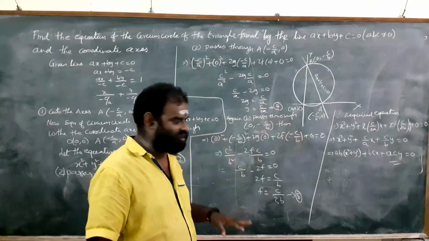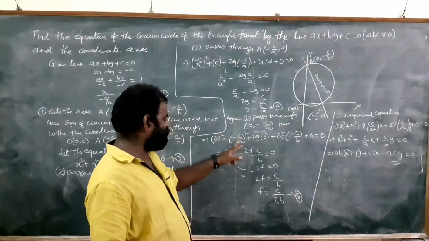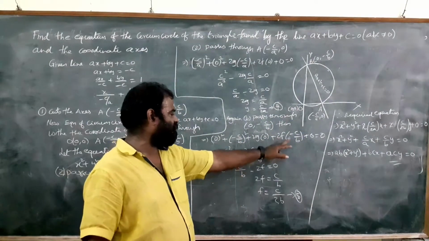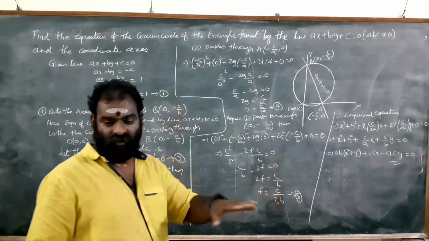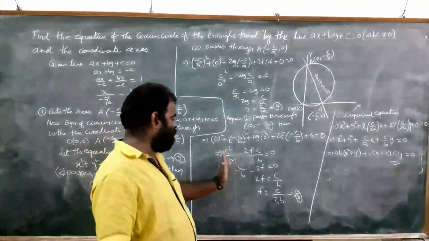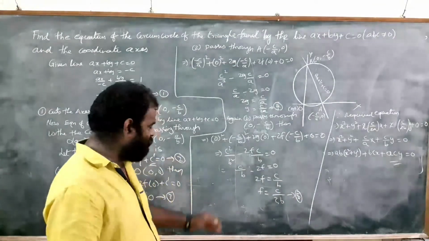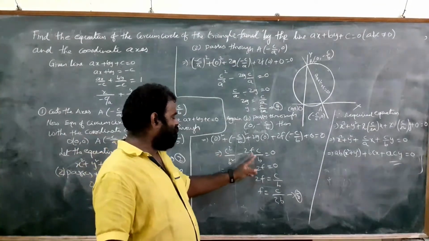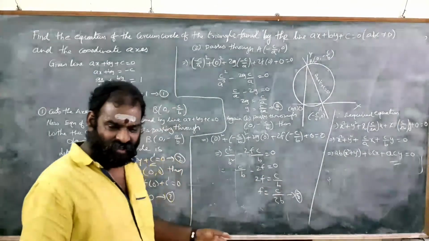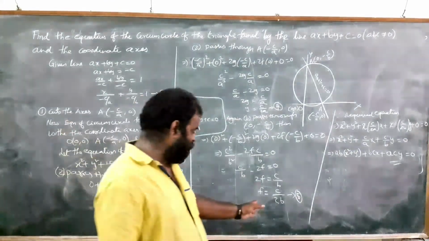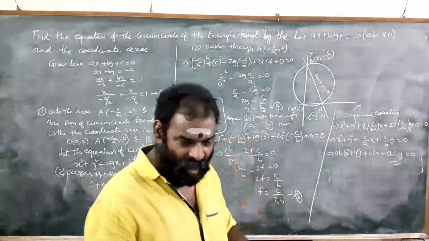What will remain? c²/b² - 2f(c/b) = 0. In the same way, c/b will be cancelled throughout the equation. Then c/b - 2f = 0, so 2f = c/b, f = c/2b.